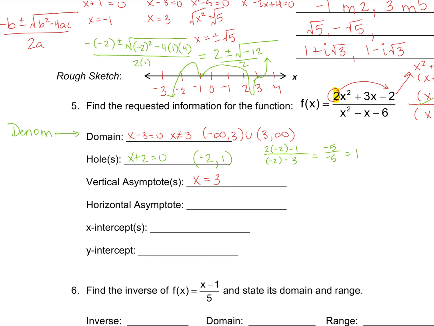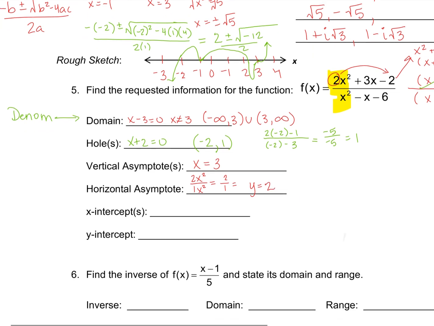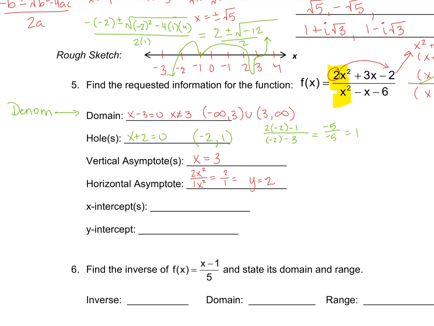The horizontal asymptote is determined by those first 2 terms in my fraction, so I'm going to have the 2x squared over what is essentially a 1x squared. Because those x squareds are the same, I'm going to use those lead coefficients of 2 over 1. So I get a horizontal asymptote at y equals 2. X-intercept.